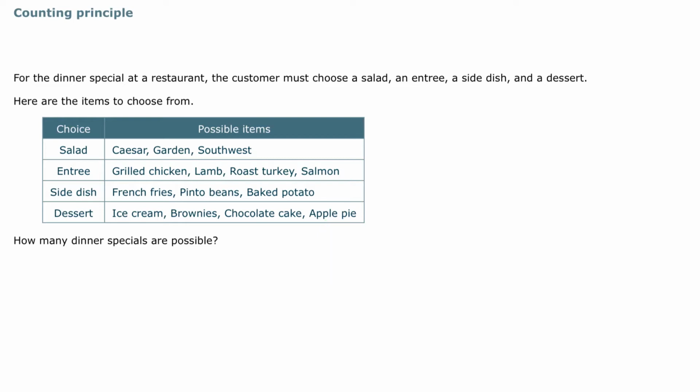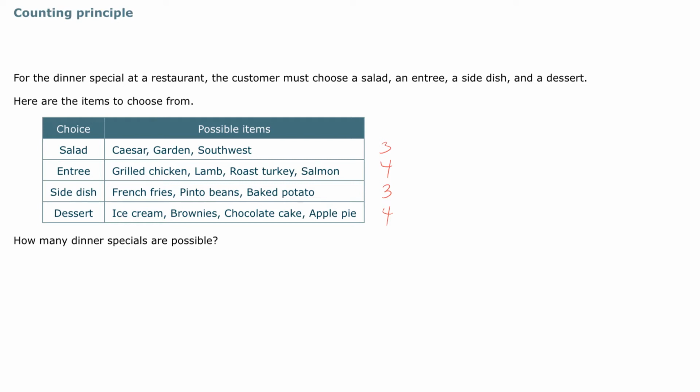Well, for your salad, there are 3 choices. For your entree, there are 4. For your side dish, there are 3. And for the dessert, there are 4 choices. So how do you count all the dinner specials? Well, you simply multiply all your choices.